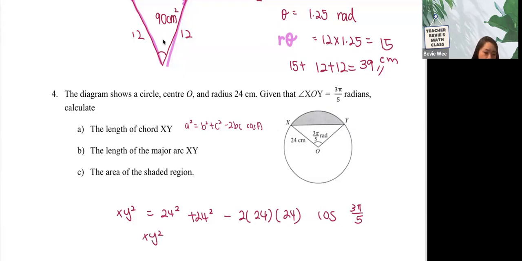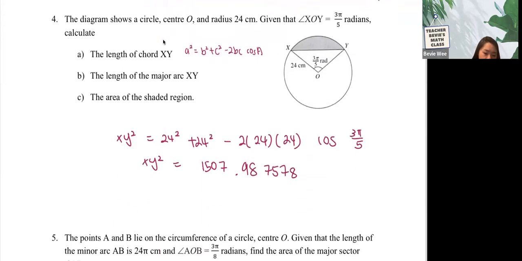So your XY square is 1507.987578. Your XY is equal to 38.8328157. Okay, so we'll round it off to 3 SF, 38.8 cm.